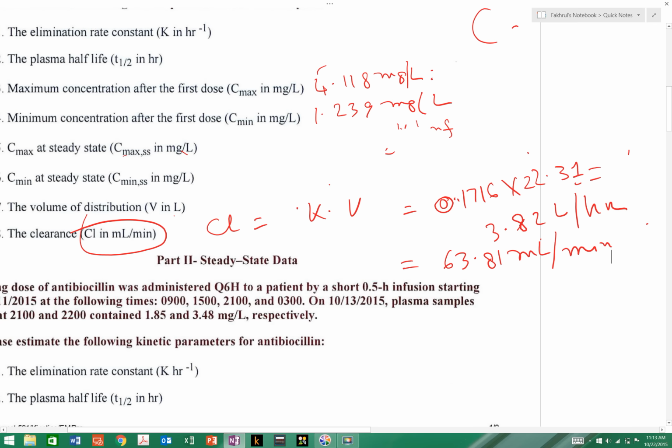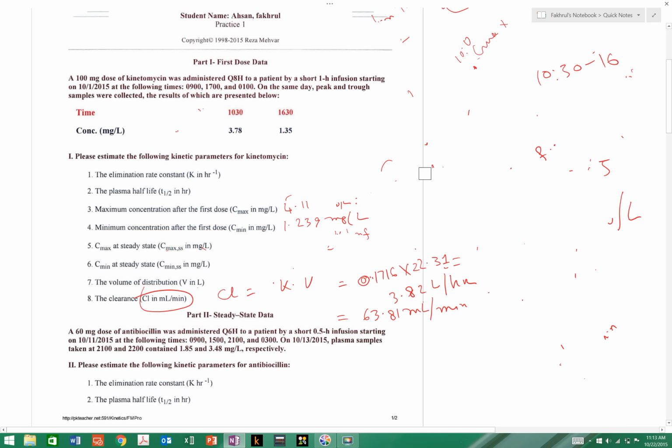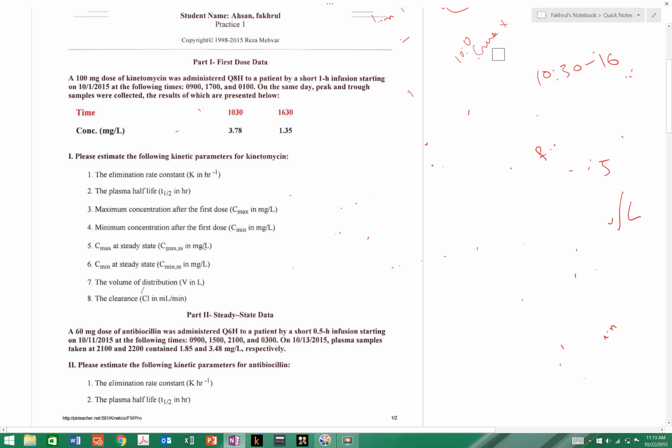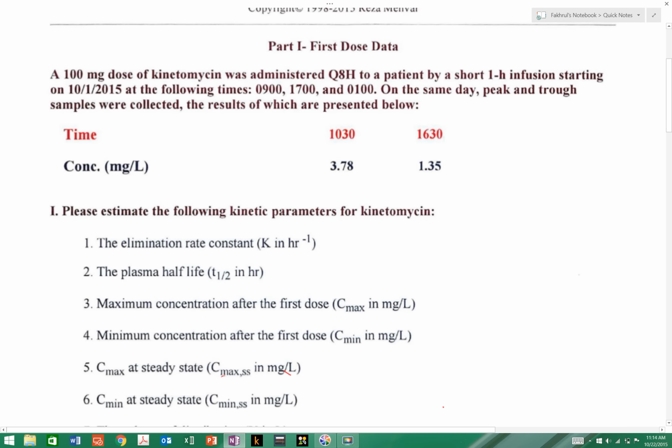So this is all about the first part of the assignment. I'll summarize again what you have to do. I know that this is going to be a long video, but it is the most important thing that you understand. First thing, we have to read this problem.